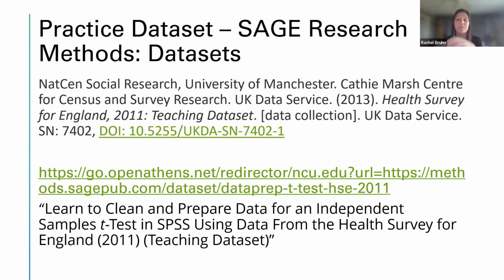So I'm using one of their data files, and we're going to go through the steps for conducting the independent samples t-test using this data file. But I just want to let you know this is available in the library, so you can also download the data set, you can download the student guide, and go through this on your own as well. So kind of practicing what we have applied here.